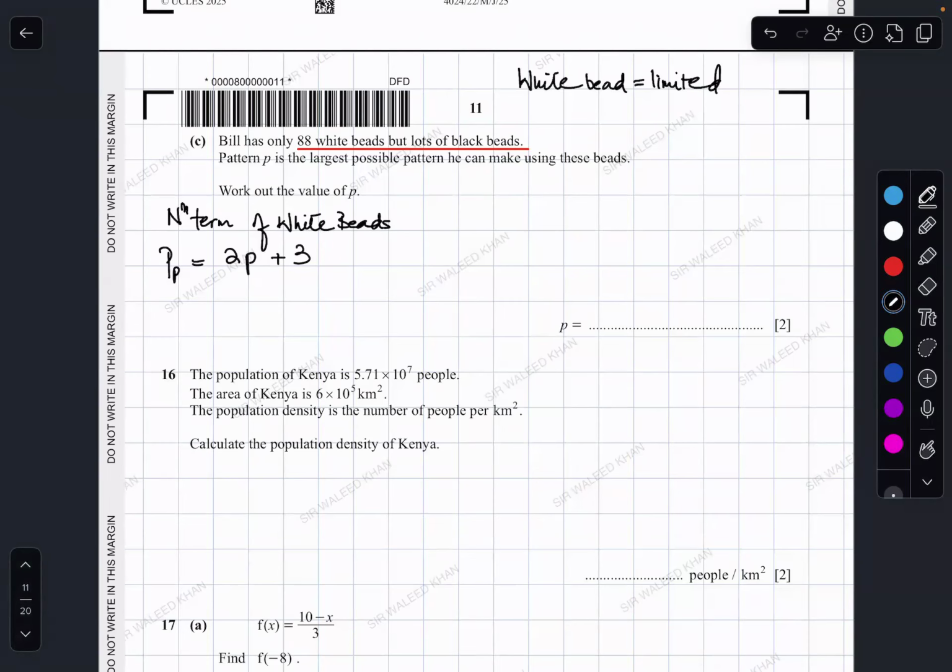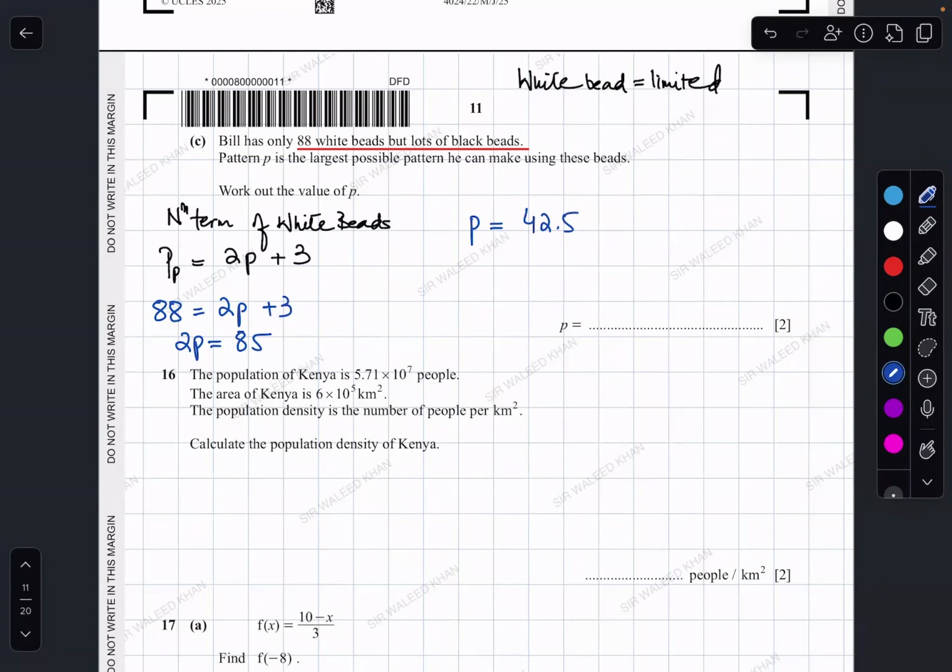Now they are saying that we have 88 white beads. So 88 white beads is equal to 2P plus 3. Let's rearrange it. We have 2P is equal to 88 minus 3, that would be 85. So P is equal to 85 by 2, that should be 42.5.